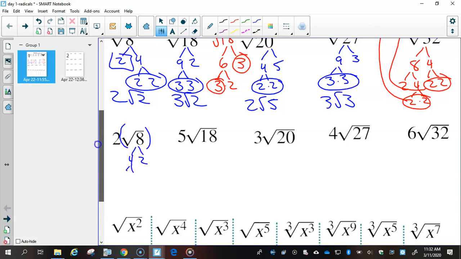We can break the 4 down to 2 and 2. And we know we have a pair of 2's. That's going to come out. Now, I have my 2 outside already, and I'm going to put another 2 there. So you have to multiply.